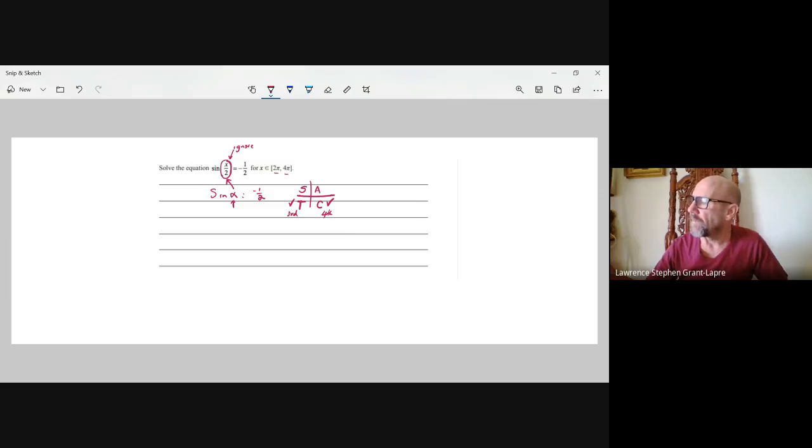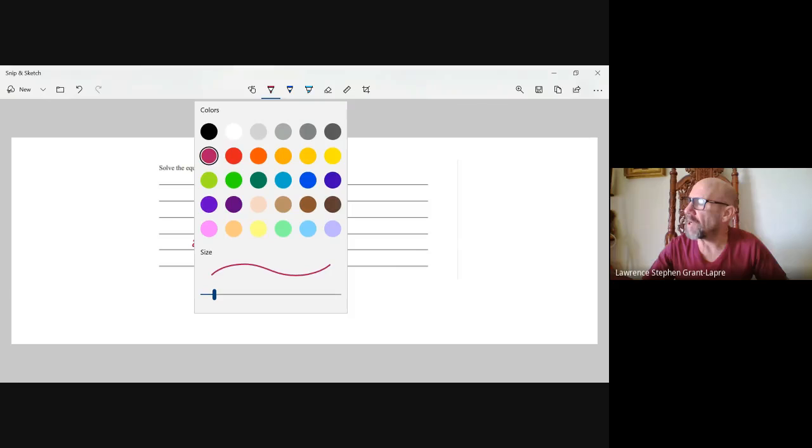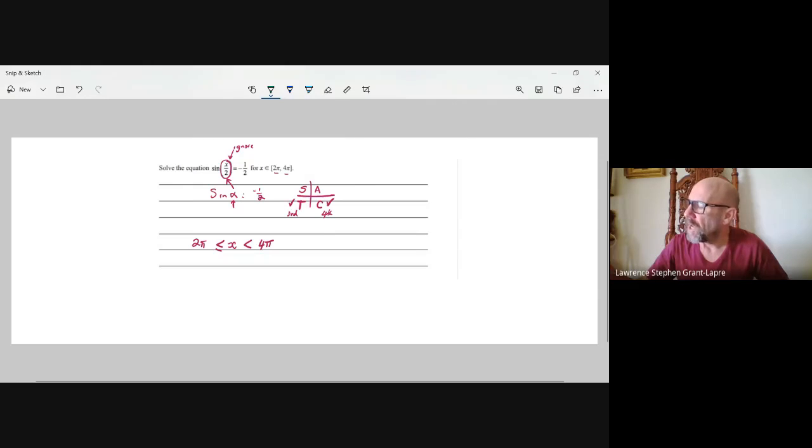Now let's have a look at what angles x over 2 can be. Now x is anywhere between 2 pi and 4 pi, but we don't want x, we want x over 2. So let's adjust our domain to suit x over 2.